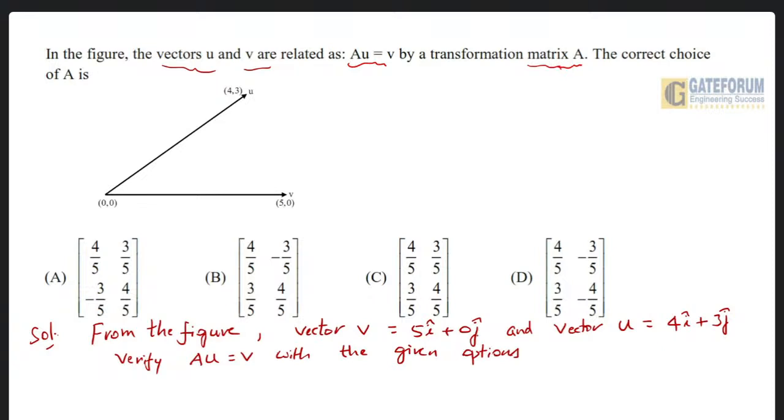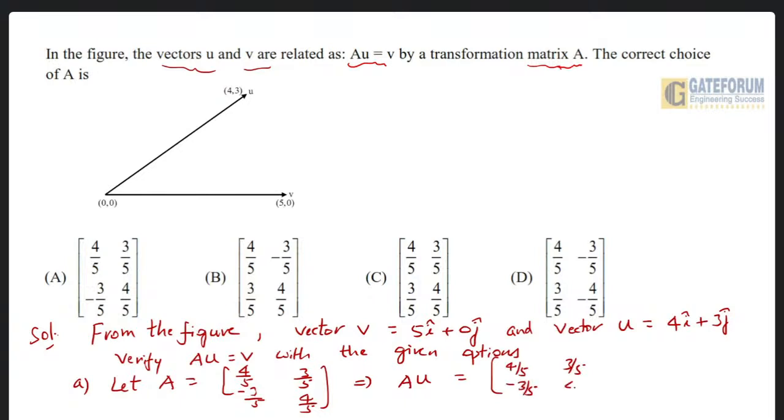So let us take option A, matrix A: 4 by 5, 3 by 5, minus 3 by 5, 4 by 5, which is an orthogonal matrix. This implies A into U, that is the matrix times U. U means how much? 4, 3. 4i plus 3j can be written as either a column matrix or a row matrix.